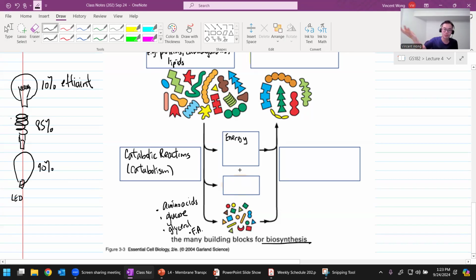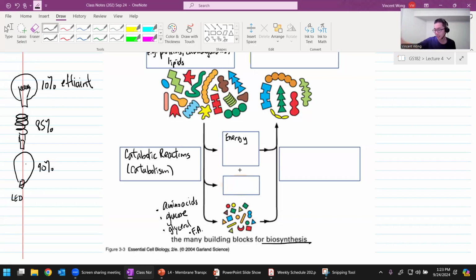So now comes the question, what do you think about the human body? How efficient are we compared to a light bulb? Are we like the incandescent light bulb or are we like the LEDs? How efficient are we at converting the food energy into a usable form of energy? What's the percentage?